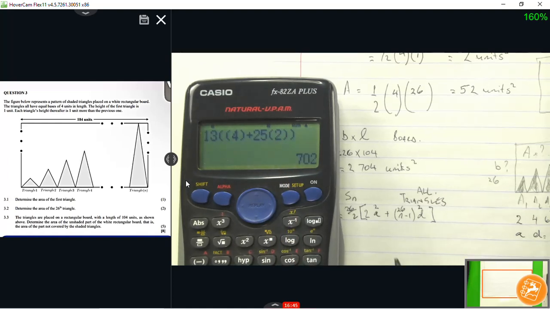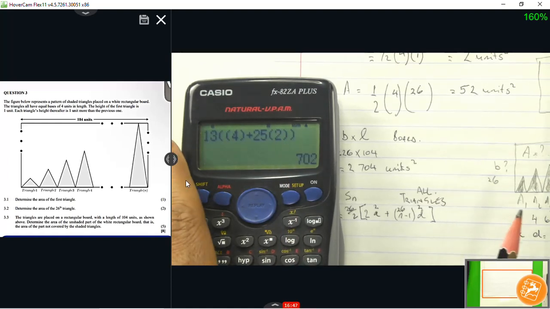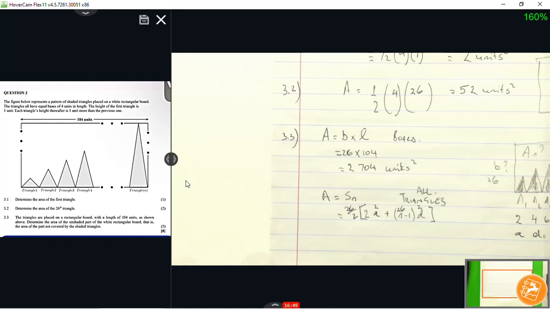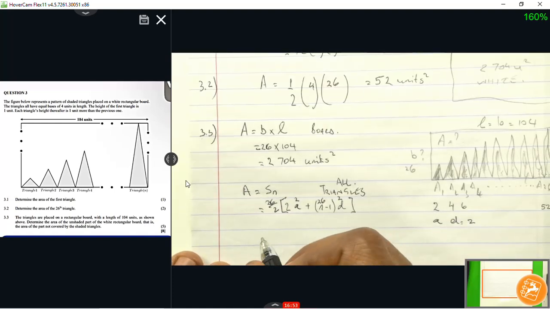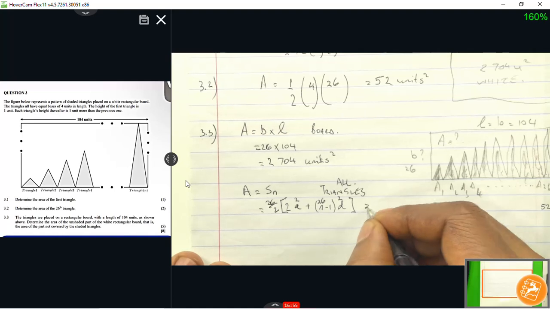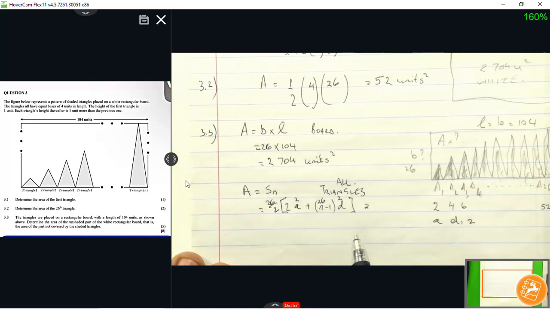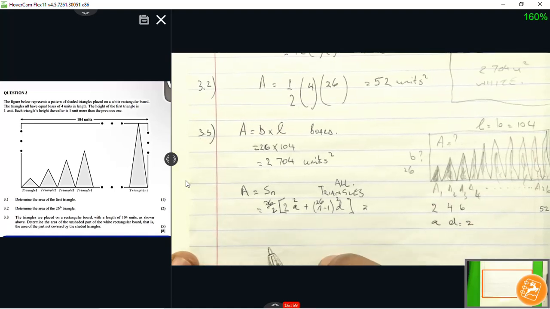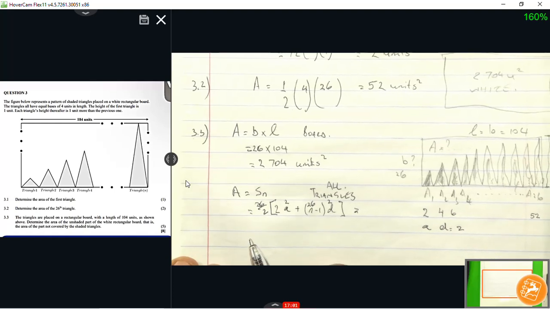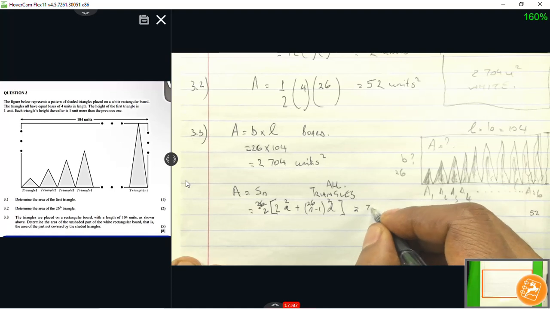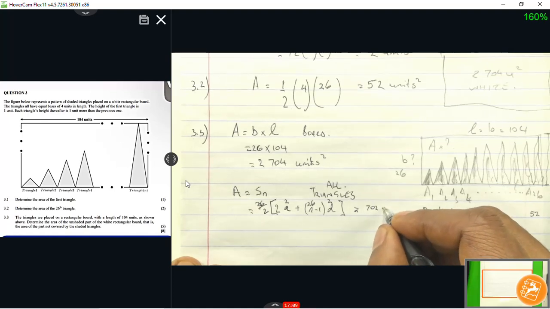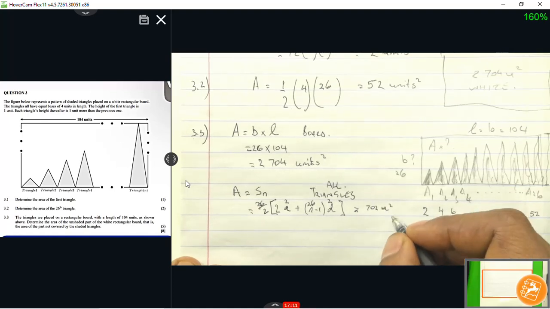Then what do I have? 702. So I'm going to write it here because I want to use this space for the actual area of the unshaded. So here I have 702 units squared.